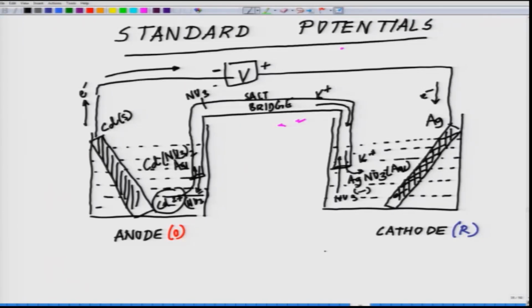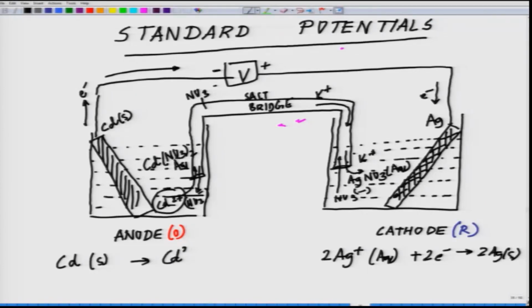And if you remember the reaction we talked about, 2Ag plus in aqueous form plus 2 electrons makes 2Ag solid, silver solid, whereas on the cadmium side you have solid cadmium making cadmium 2 plus, which is aqueous.